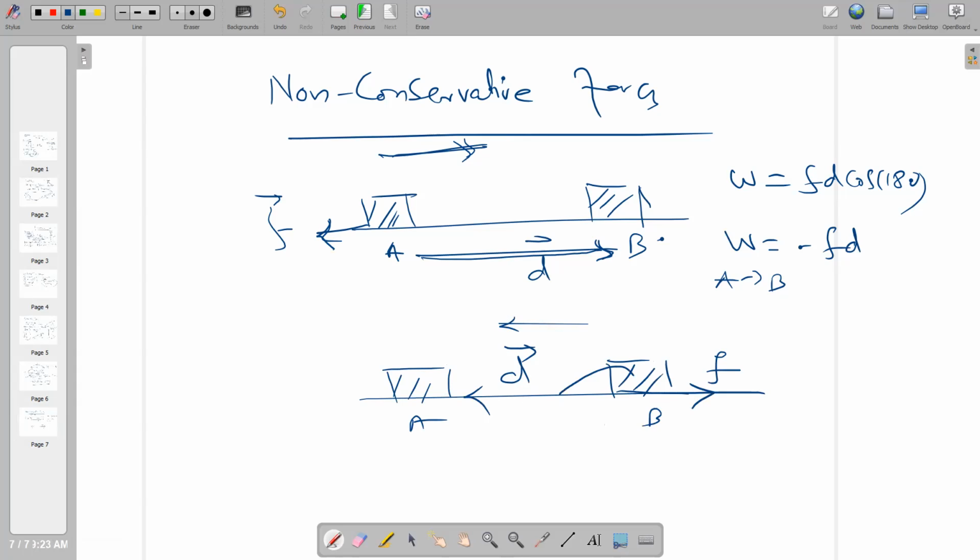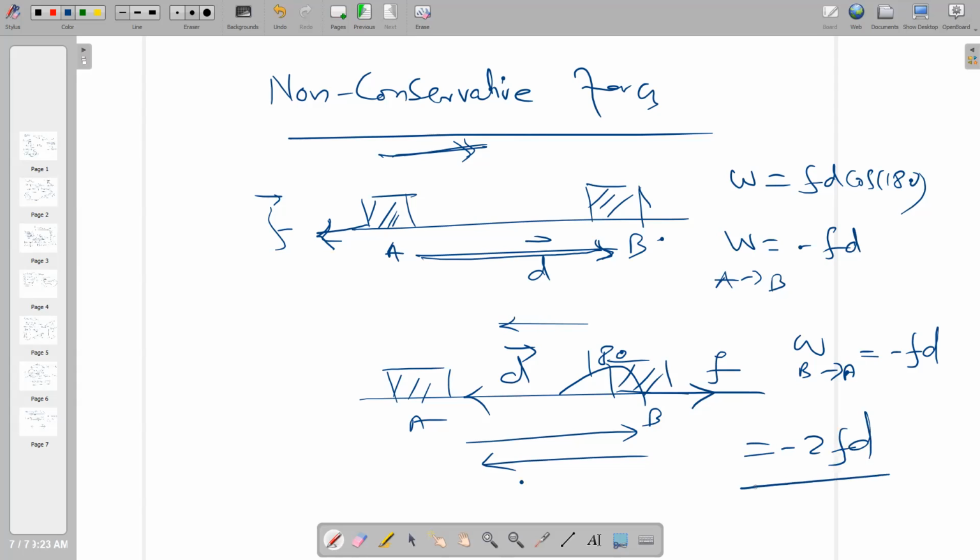Again the angle between them is 180 degrees. So the work done from B to A is equal to minus F d. The total work done in a closed path, one from this side and one from this side, is not 0, it is equal to minus 2 F d. So this is not equal to 0. That's why the frictional force is called a non-conservative force.